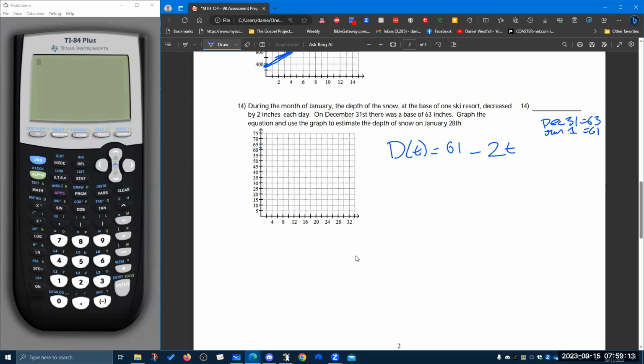So our y-intercept here should be 61, but let's call December 31st day 0, and let's call day 1 January 1st. So we'll call this 63. So we're going to call this December 31st here. Then that's going to be January 2nd, January 4th, all the way out to, there's not 32 days in January, but you get the idea.